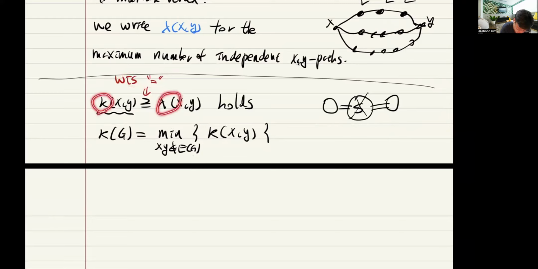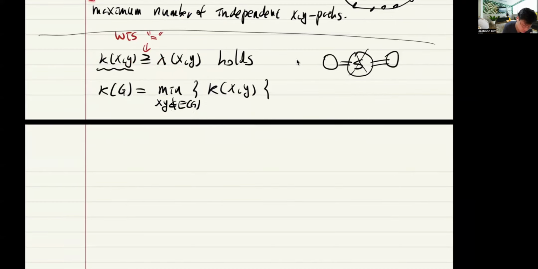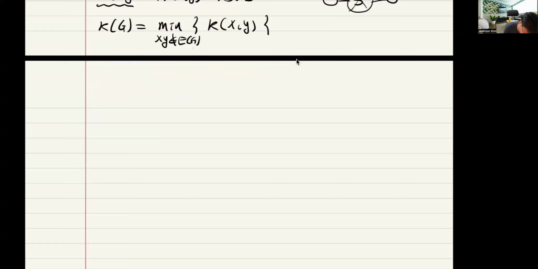And we will define the edge version of this parameter, and then we will prove the equality for the edge version. That will give us the ability to switch between these two freely. So when we deal with the K-connected graph, we have an additional tool. Whenever it's convenient for us, we switch from the separation point of view to finding these independent paths point of view, which will be very convenient for us.